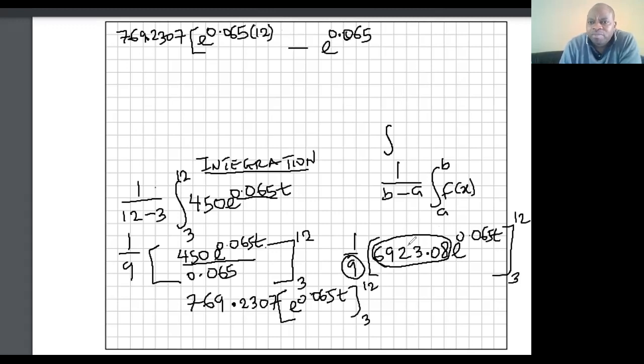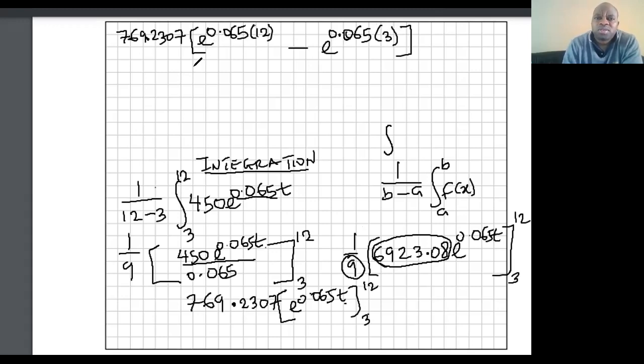This time around, your t is going to be 3. That is the interval, between 12 and 3. So you subtract the two of them. You do exponential 0.065 multiplied by t, this time your t is 12, minus the same exponential 0.065, this time around your t is going to be 3.